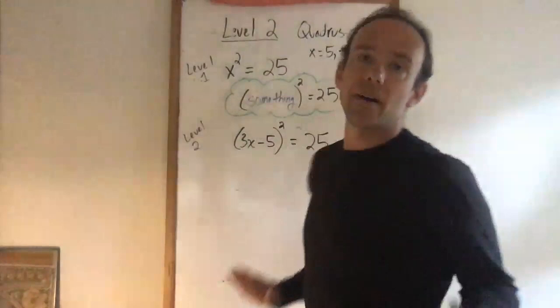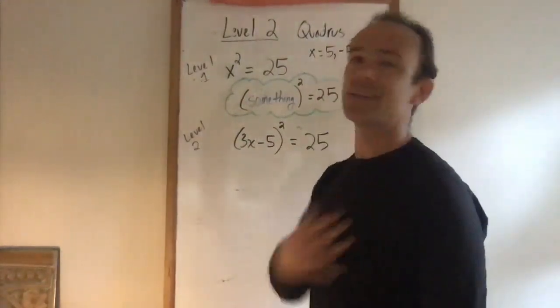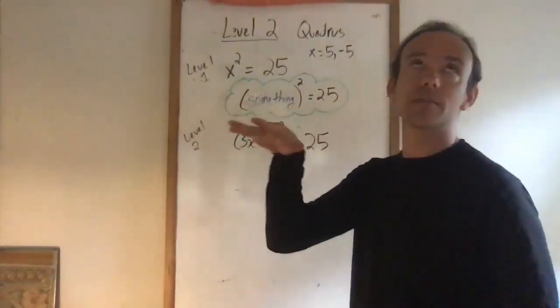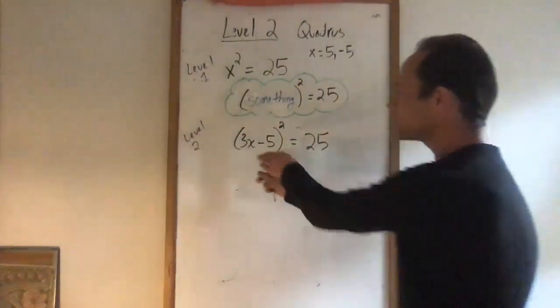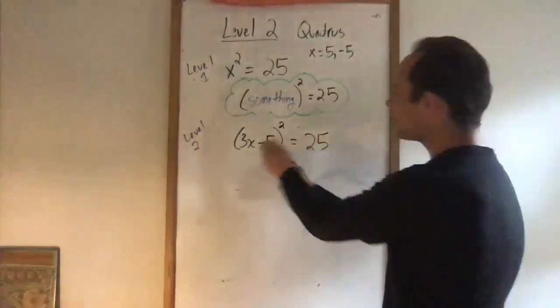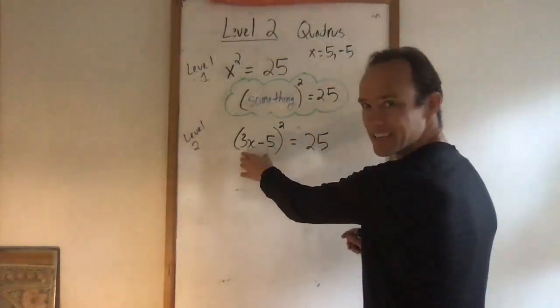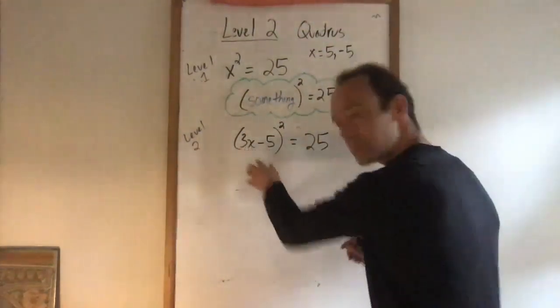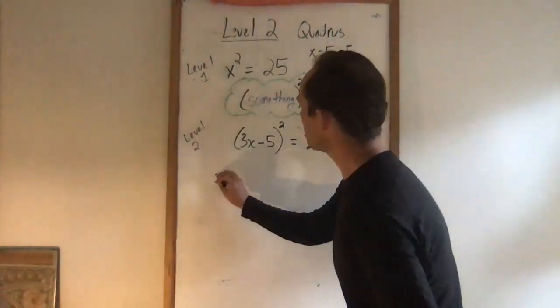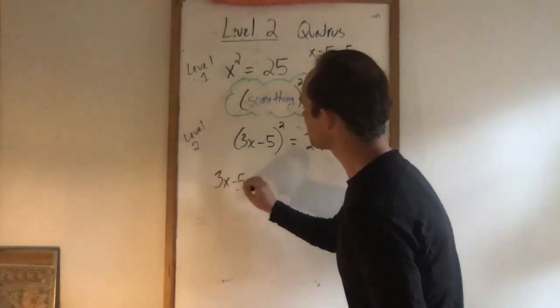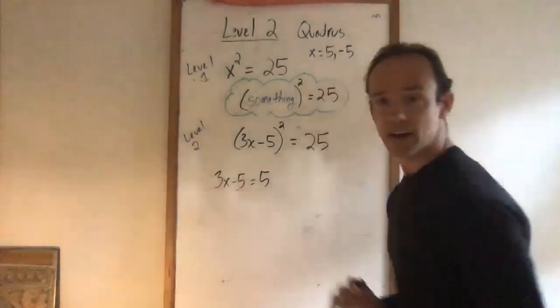Try to see how far you can get, and then I'll do it for you. So hit pause, unpause. All right. Again, something squared is 25. So I know this thing in the parentheses has got to be 5 or negative 5.